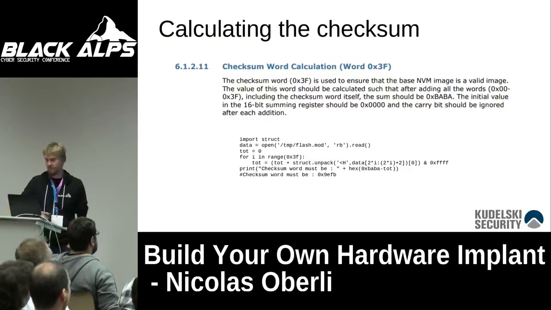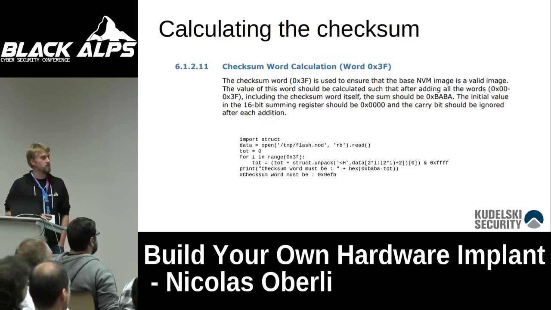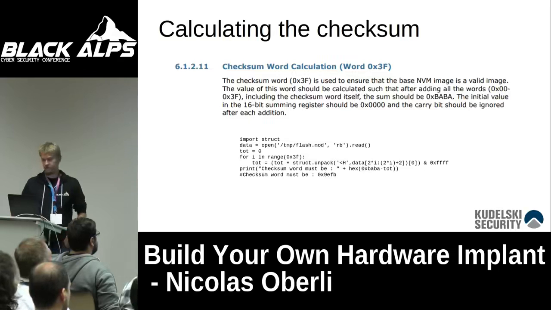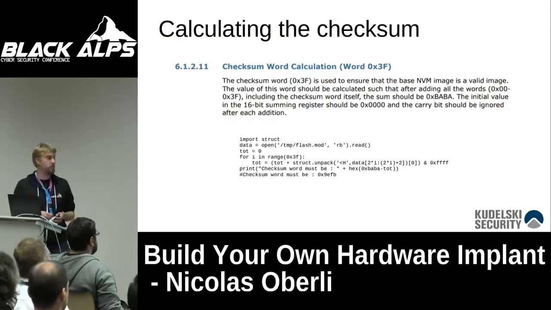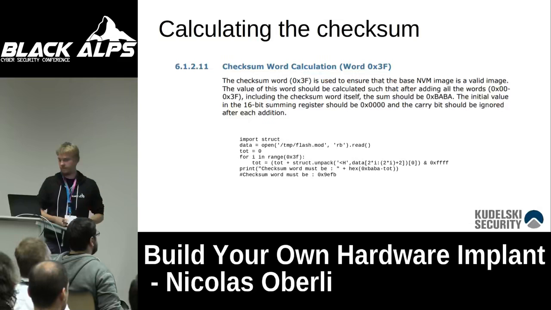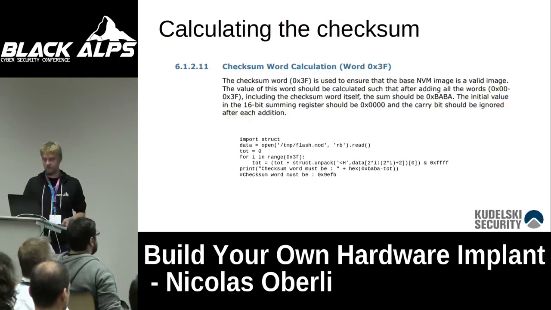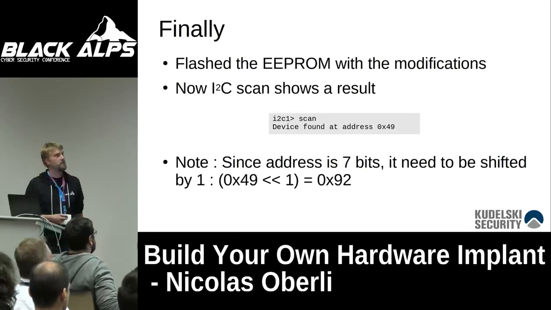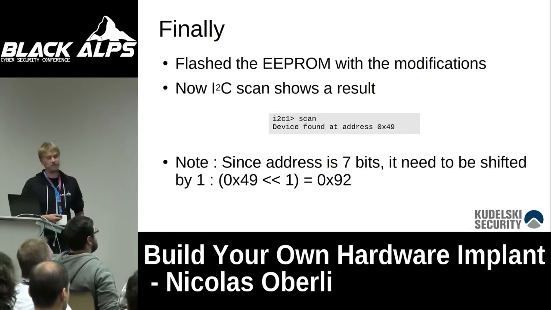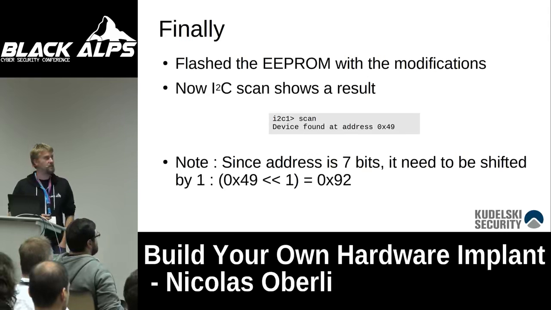That's a value they specified directly. So using just a bit of Python, I calculated the new checksum, changed it on the flash dump, flashed the dump on the EEPROM again, rebooted the machine, and now if I use the scanning on the I2C bus, I have access to something.